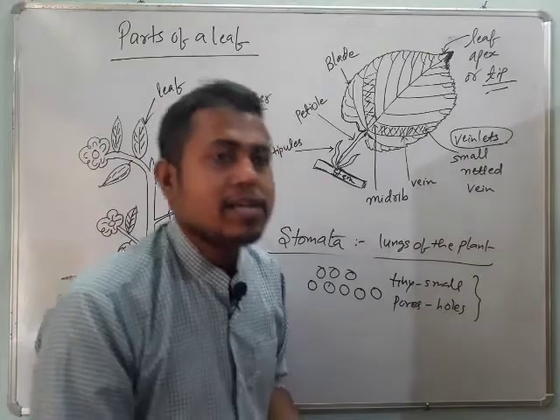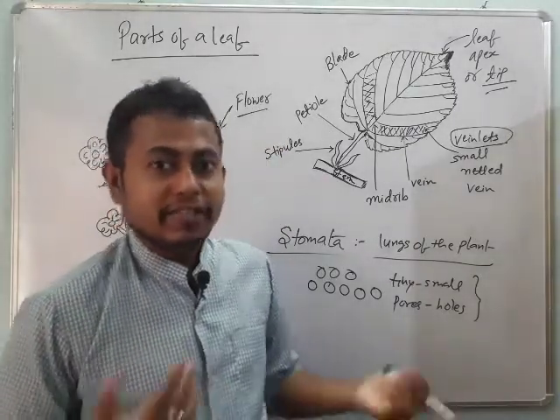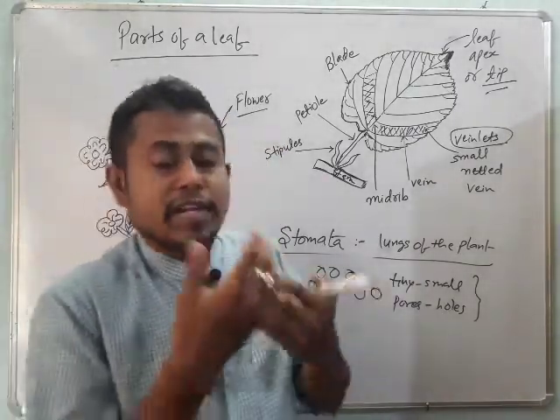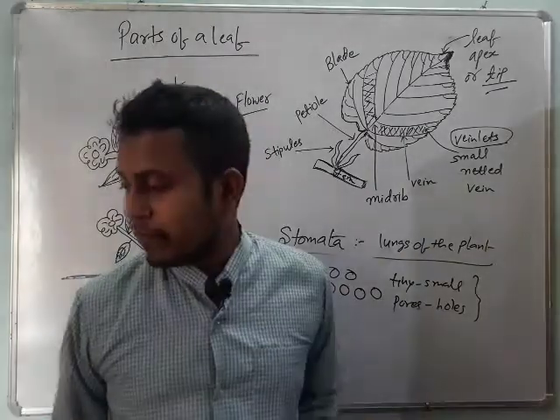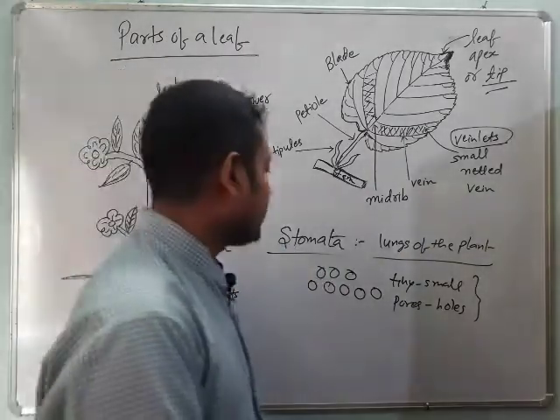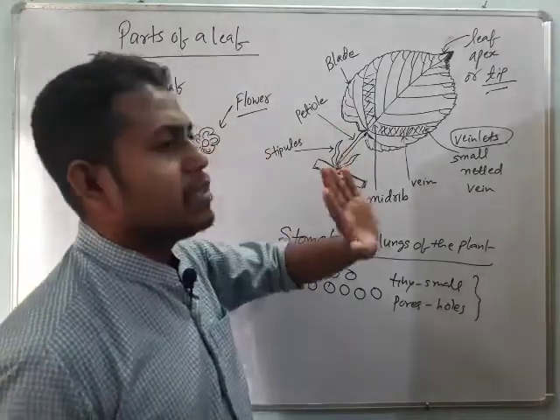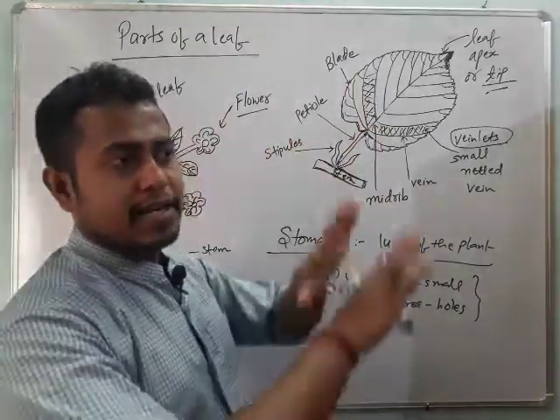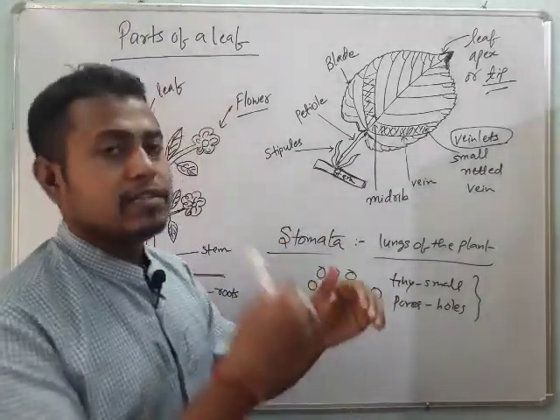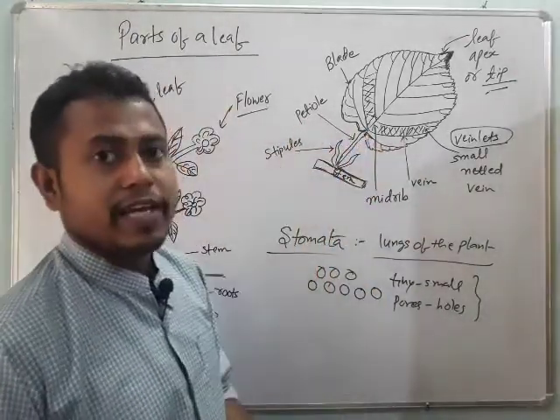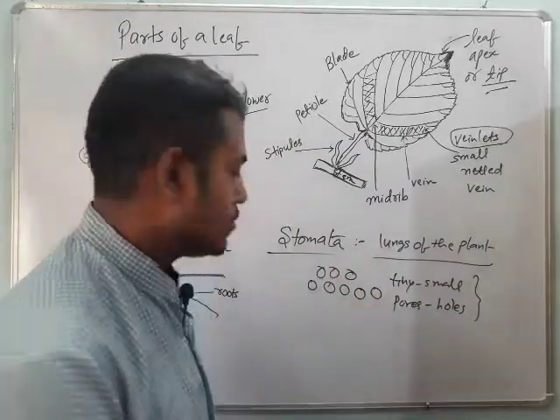Because of that only we are living, right? If there is no oxygen, how can we live? We'll die, all living creatures will die. Actually these plants balance the environment, and because of the presence of air, they purify everything.